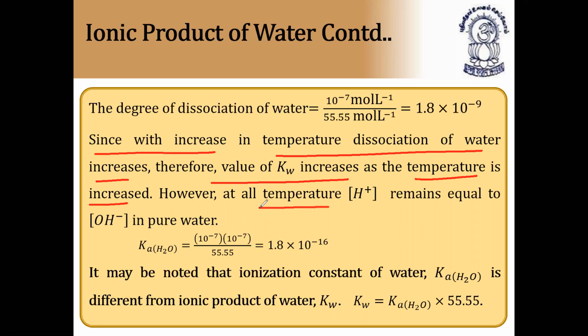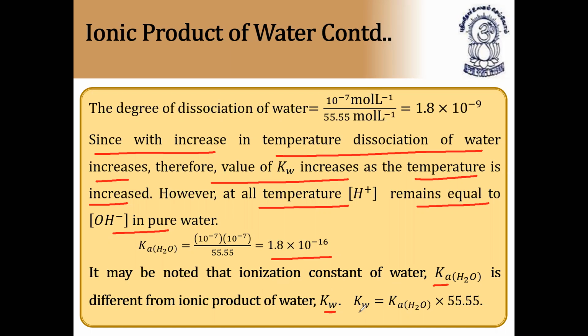However, at all temperatures, H plus ions remain equal to OH minus ions in pure water. So the dissociation constant of water is equal to 1.8 into 10 to the power of minus 16. How did we get that? It is 10 to the power of minus 7 into 10 to the power of minus 7 by 55.5. It may be noted that the ionization constant of water is different from the ionic product of water.